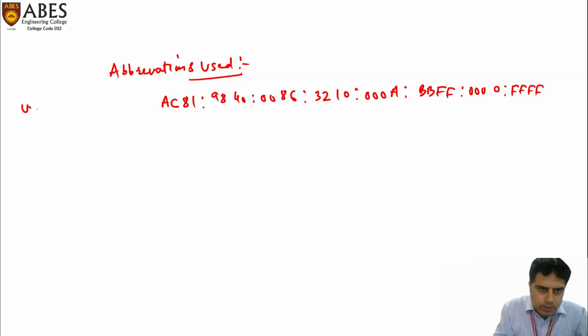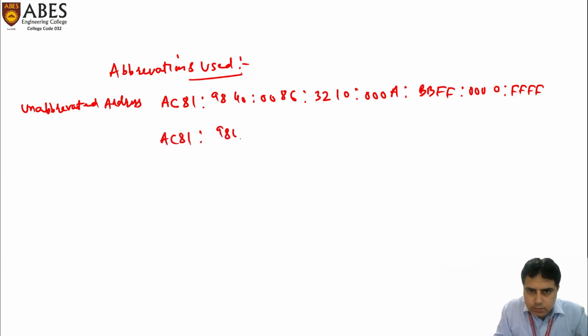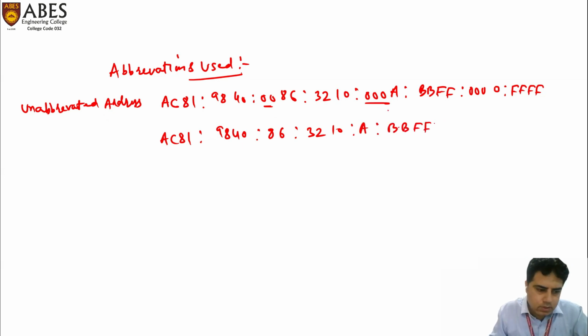This is the unabbreviated form of the address. We can further abbreviate it as AC81 colon 9840 colon 86 colon 3210. We can remove these leading zeros, colon B, BFF colon 0 and colon FF. This is the abbreviated form.